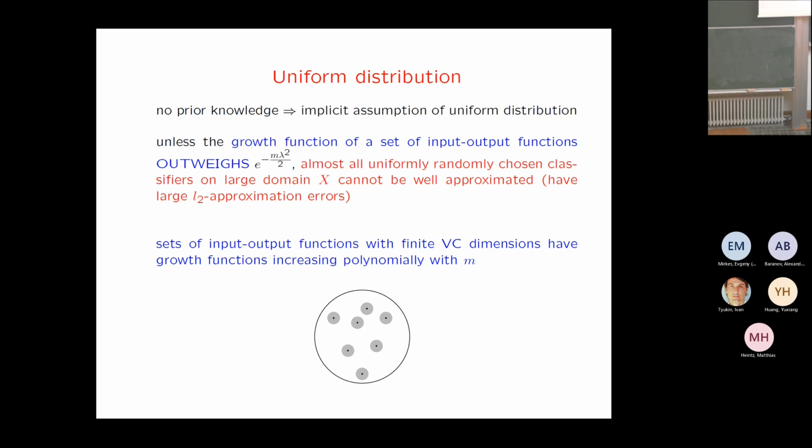If you have no prior knowledge, then there is an implicit assumption of uniform distribution.